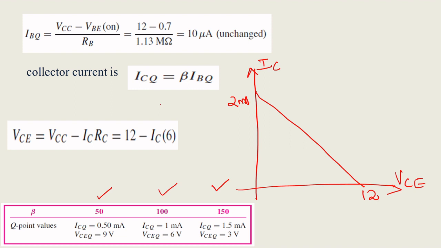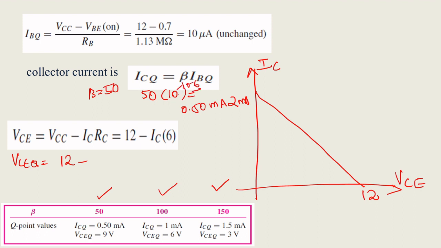First, we will take 50. We will calculate the VCQ value. VCQ is the supply voltage, 12, minus IC. IC is nothing but beta times IBQ, so for 50, 50 into what is the IBQ? 10 microamps. So we will get 0.50 milliamps, because this is microamps.